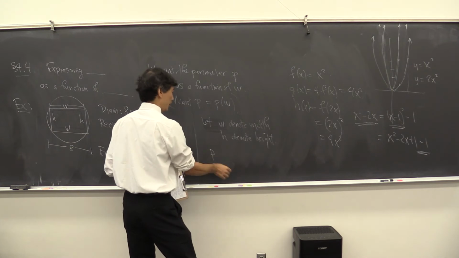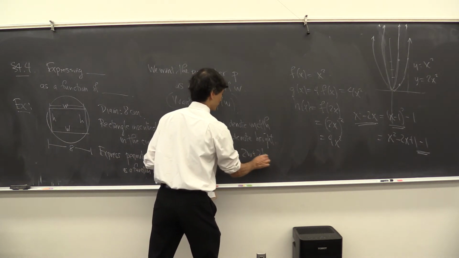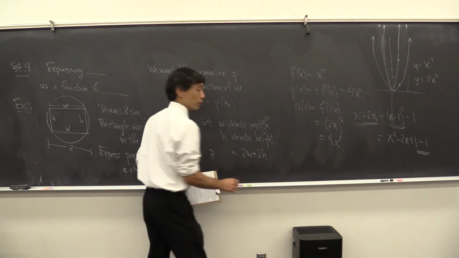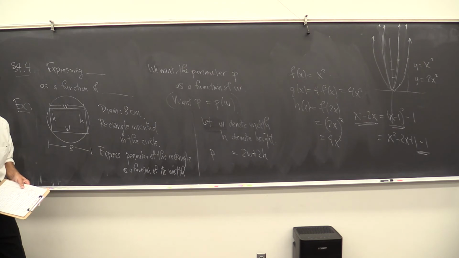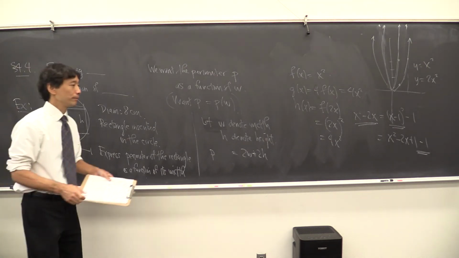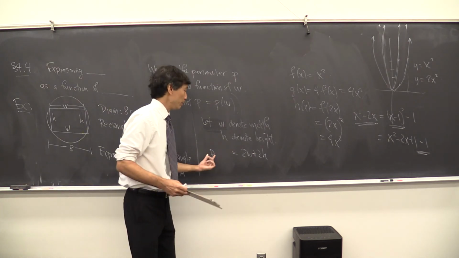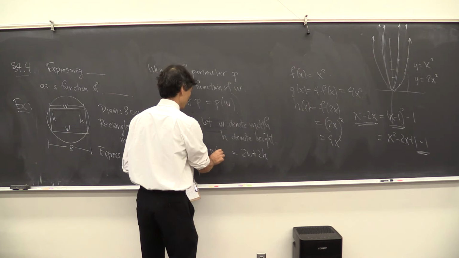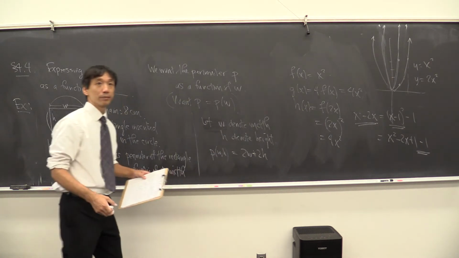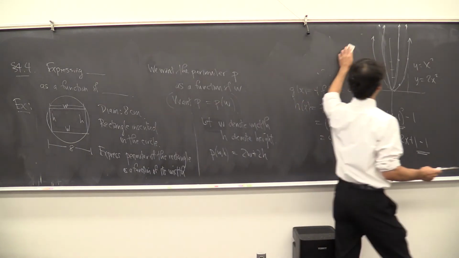And then P is going to be 2W plus 2H in terms of those things. This is not what we want because we've got P as a function of W and H. Right now P is a function of two variables. We really want it to be a function of one variable.